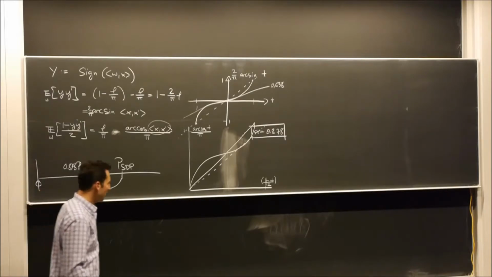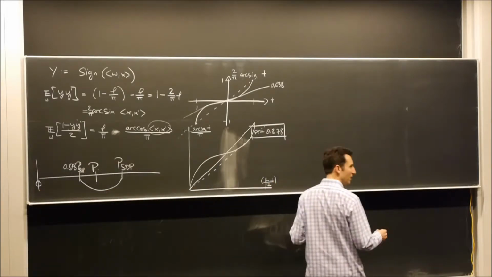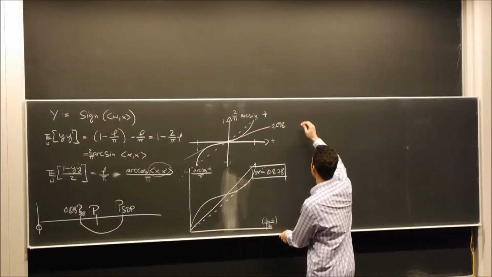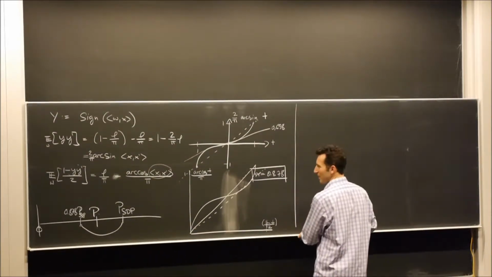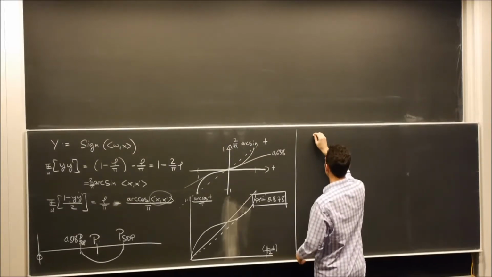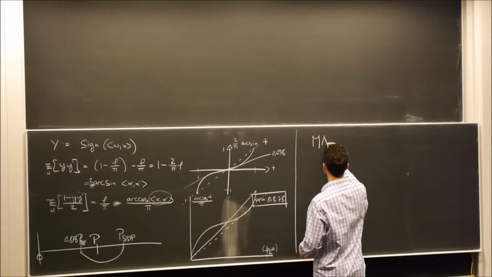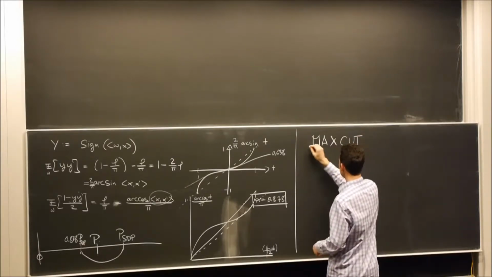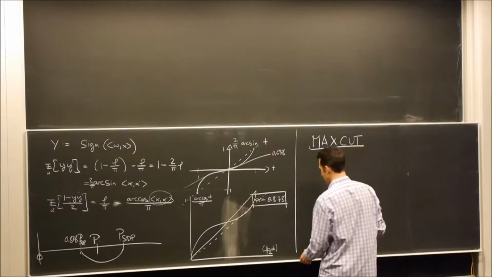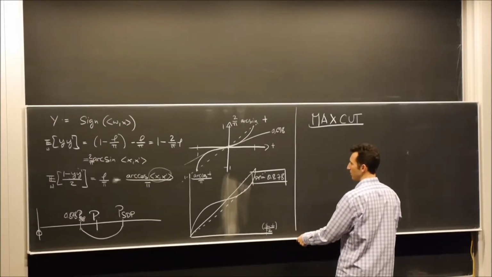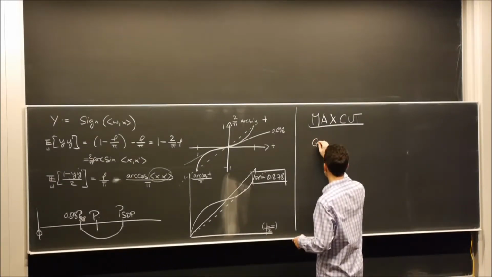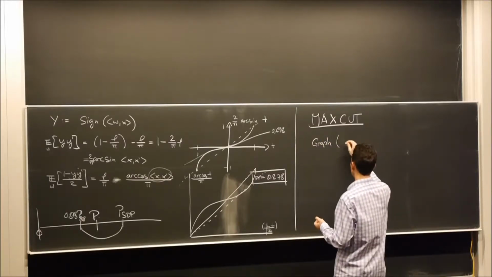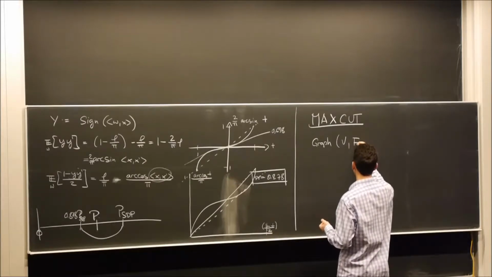Now, after such a long lead up of about 45 minutes, I'll finally tell you which problem we're going to solve today. It's called the MaxCUT problem. It essentially has the following form. I have some graph. This graph has some set of vertices, some set of edges.